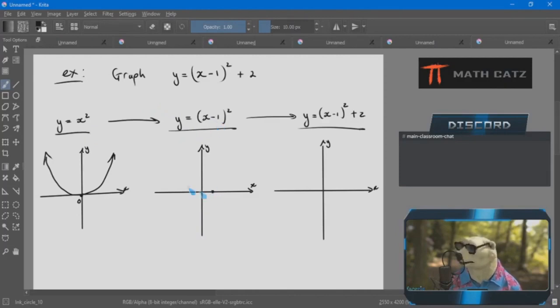That means the original graph shifts to the right by 1 unit. Then another transformation from this current version to the new one, keeping the right-hand side the same, is adding a 2 to that whole right-hand side. That corresponds to a vertical shift up by 2 units. Wobbliness.